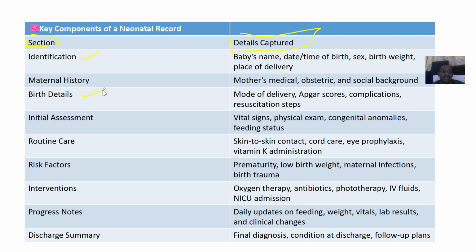Okay, then initial assessment. Okay, routine care. All right, risk factors. Okay, was the baby premature? Was there low birth weight and all? Intervention, like what was done, progress note, discharge summary. Okay, by the time you're sending the baby and the mother back, what was the condition?